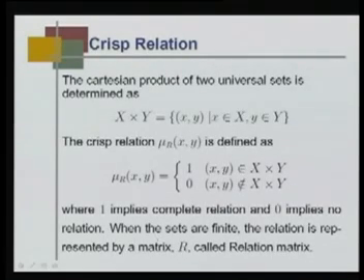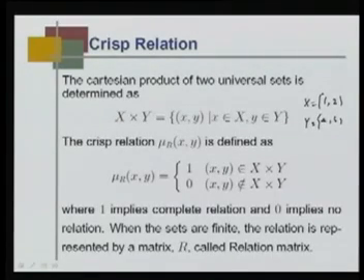When the sets are finite, the relation is represented by a matrix R called the relation matrix. I give you a simple example. Let us say X is 1 and 2 and Y is A and B. Okay.